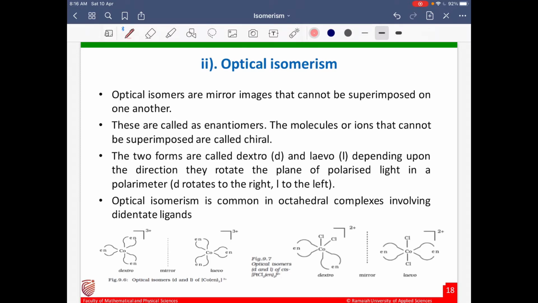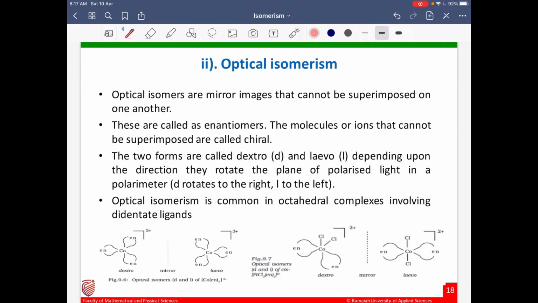The two forms are called dextro and levo, depending upon the direction in which they rotate the plane of polarized light in a polarimeter. So if you are passing polarized light, based on the direction in which the light is rotated, we can call the isomers dextro or levo.